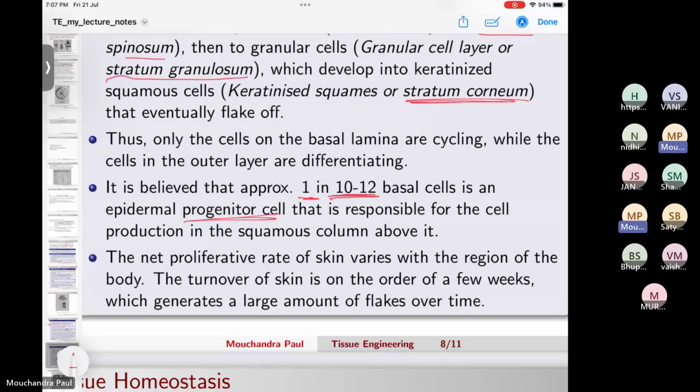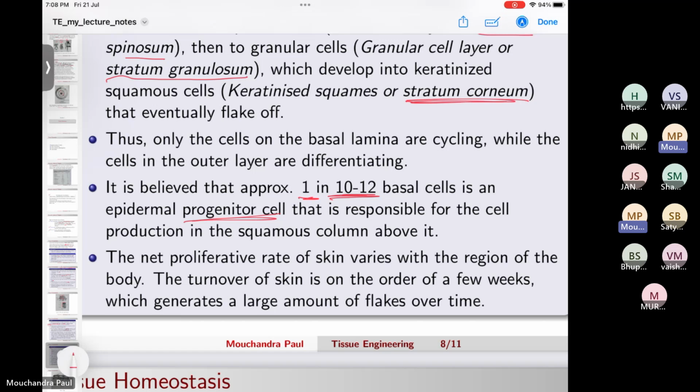And the turnover of the skin, meaning the cell production and cell replacement rate, is in the order of a few weeks, and because of which a large amount of flakes is generated over time. So whatever dust that you see in your home when you are using a broom to clean, most of the dust is actually the skin that we have shed. Okay, the house dust is coming from that only.